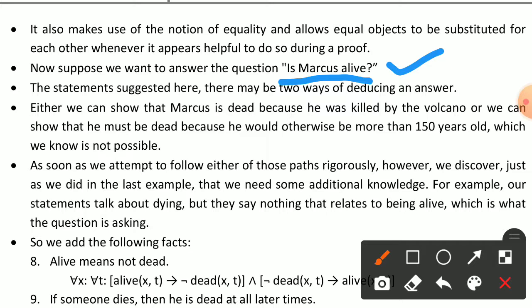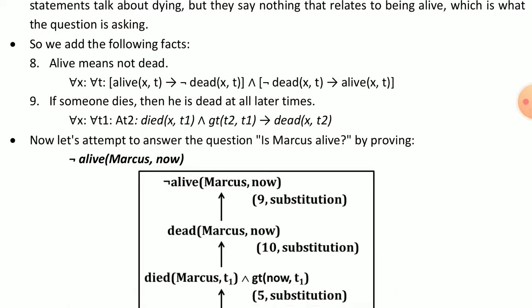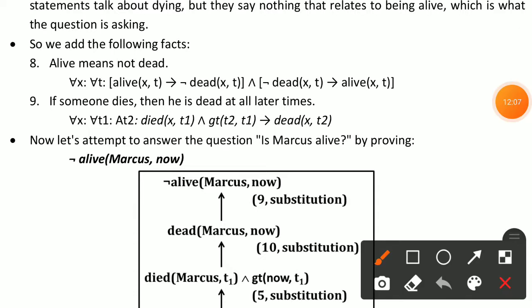So here we can add the following facts, facts 8 and 9. Alive means not dead. We can write this sentence like this: for all x, all t, alive(x, t2) is not dead(x, t), and not dead(x, t2) is alive(x, t). The person is alive. And second, if someone dies, then he is dead at all later times.